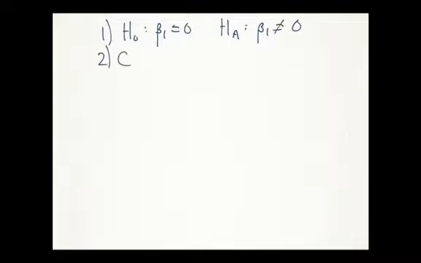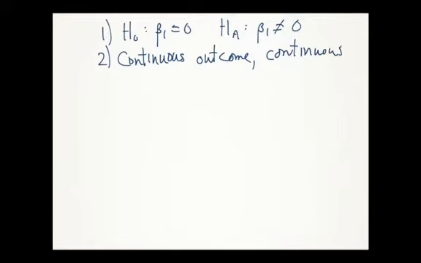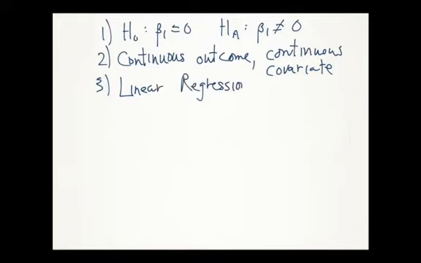The type of data that we're working with is a continuous outcome and a continuous covariate. The outcome is BPF. The covariate is age. We're going to fit a linear regression. The test statistic, remember, is a t.